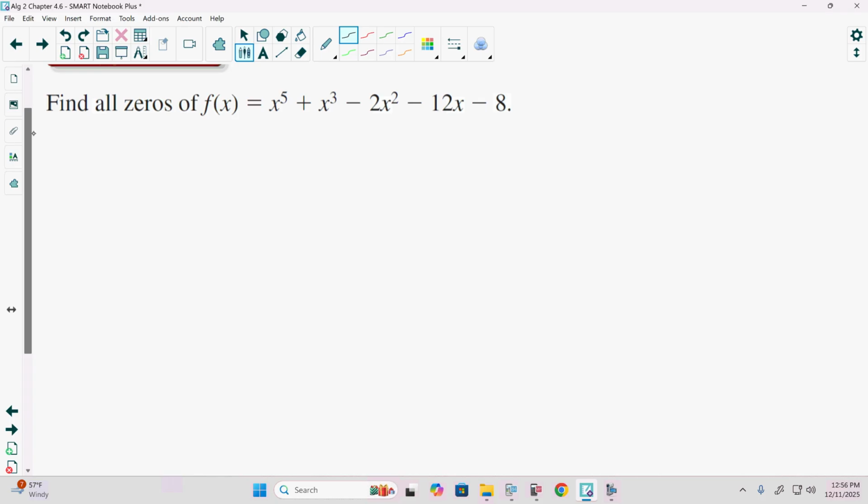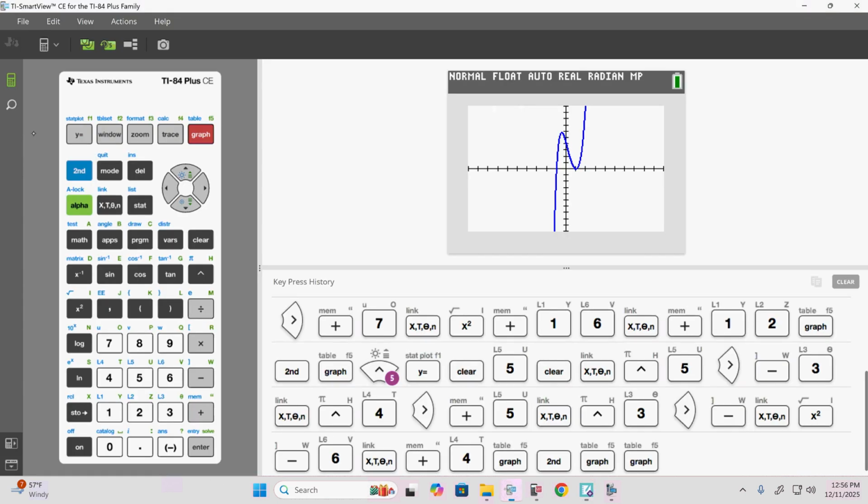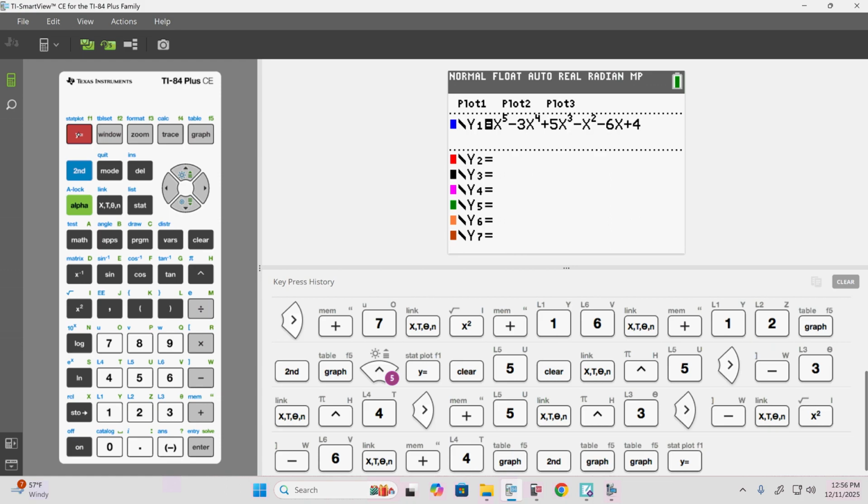Now, for this one, the first thing I would do, especially finding these zeros, is to grab the graphing calculator and graph it. We're going to graph it and see how many zeros we have.